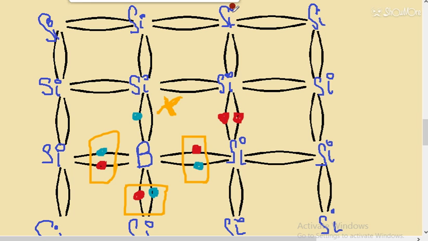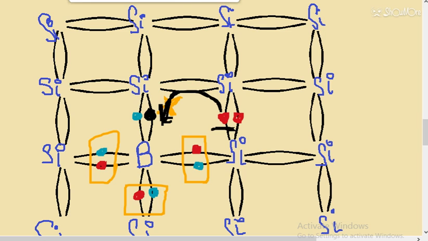So one electron from here will leave its place, move in this direction and move to this position and complete its covalent bond.